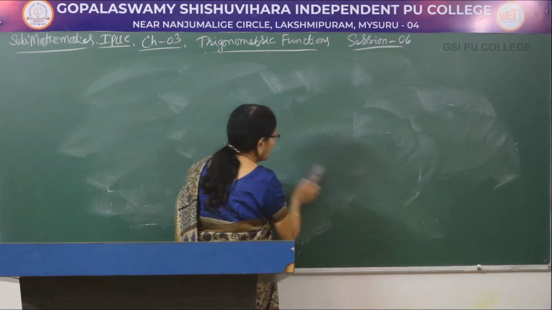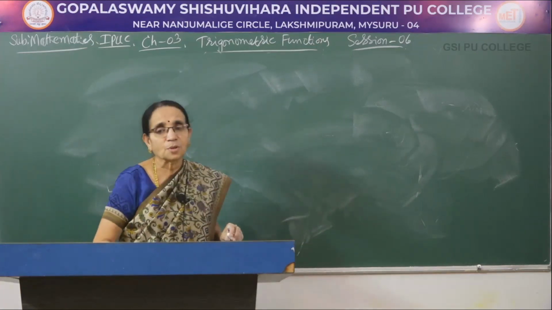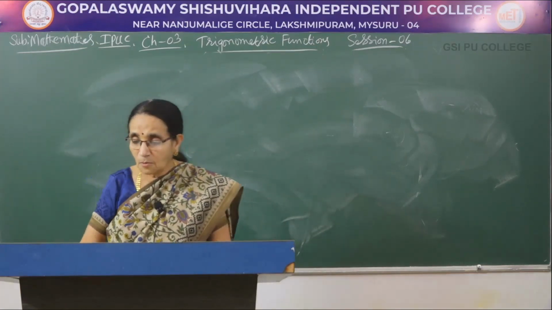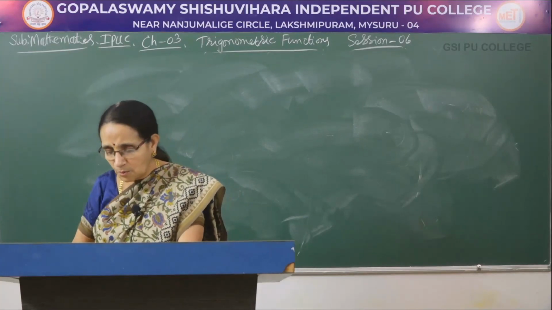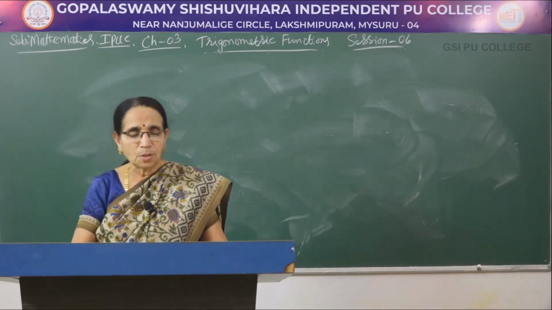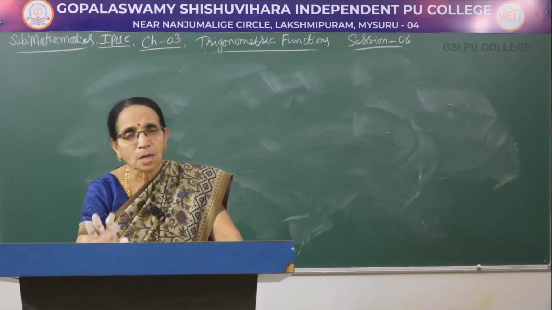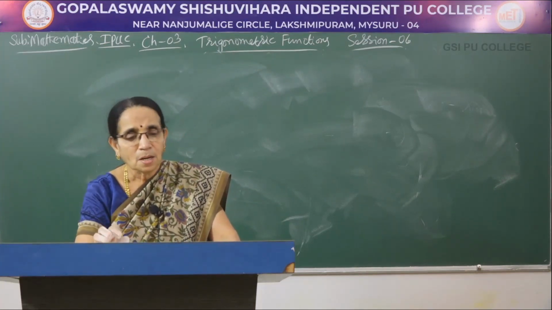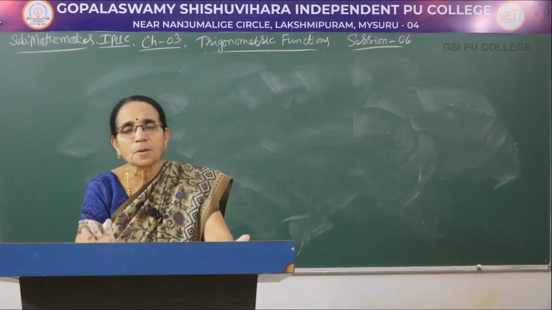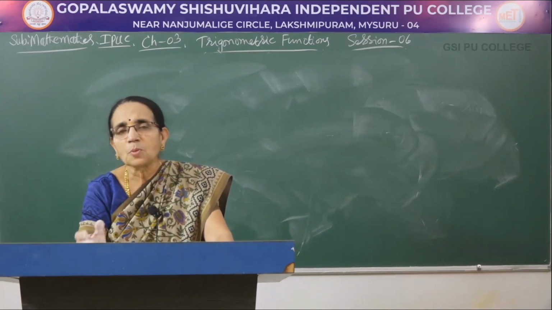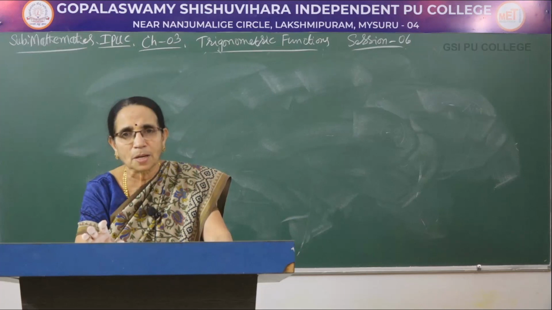Again I am telling you repeatedly, of course I am telling you, this is a very important derivation of trigonometry of first year PUC. Now in the next session I am going to teach you the other formulae. Here only cos x plus y, cos x minus y I have taught you. I will be teaching you about sin x plus y, sin x minus y.